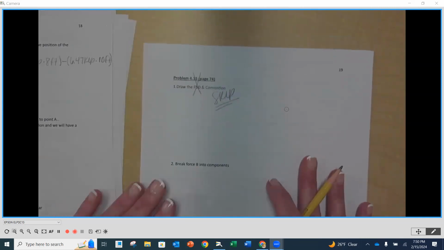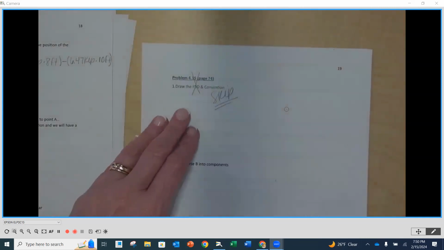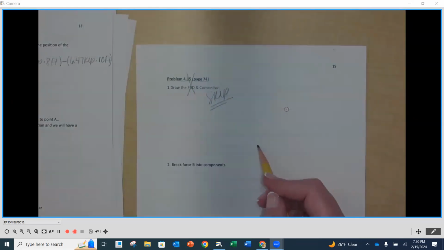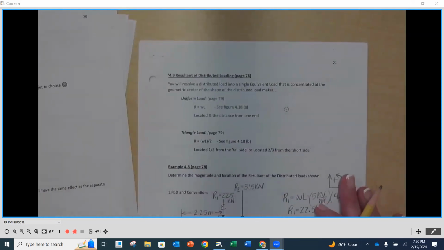On page 19, we skipped 4.15, because then we inserted another application problem. So you don't need to hand in that application problem as part of the practice problems. You can just put that as part of your homework. Like we got 2 homework problems done for you guys tonight, okay?